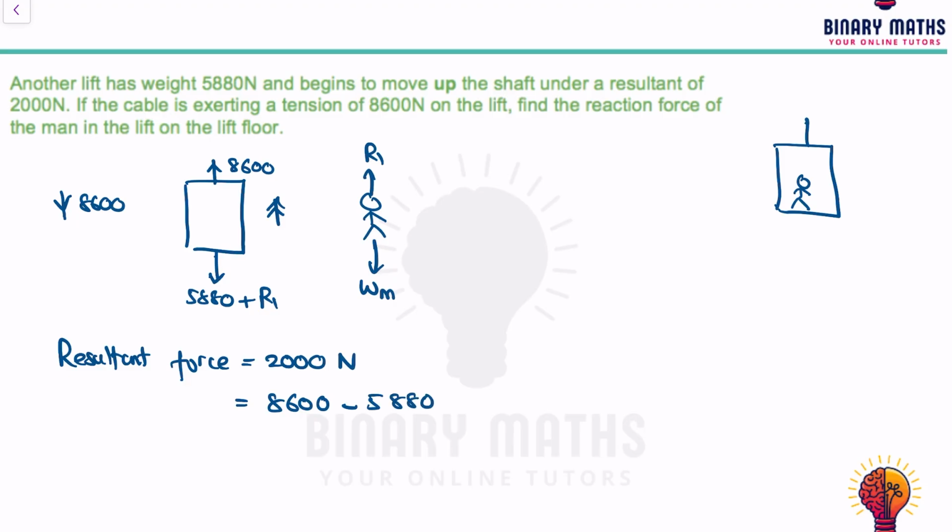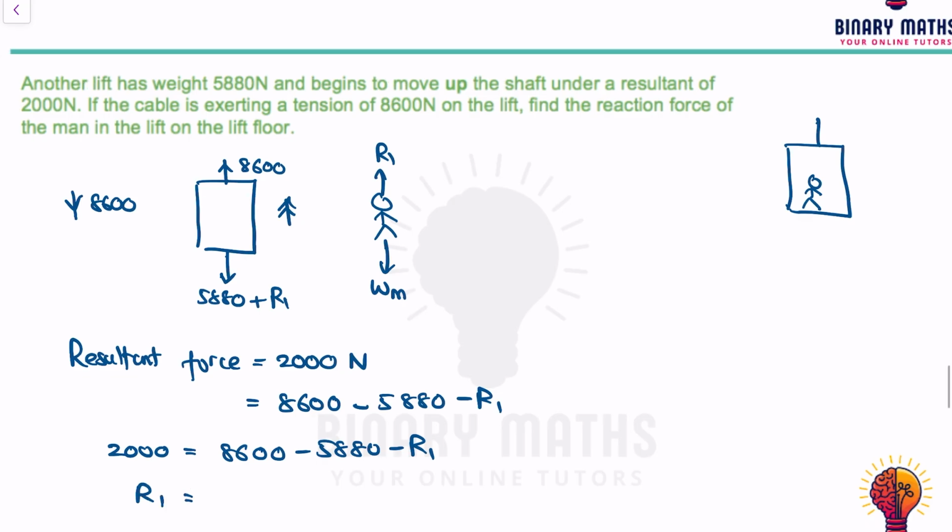So 2,000, which is the resultant force, must be equal to 8,600 take away 5,880 take away R1, which is the reaction force of the man in the lift on the lift floor. If I rearrange it, I get R1 must be equal to 8,600 take away 5,880 take away 2,000, which works out to be 720 newtons.